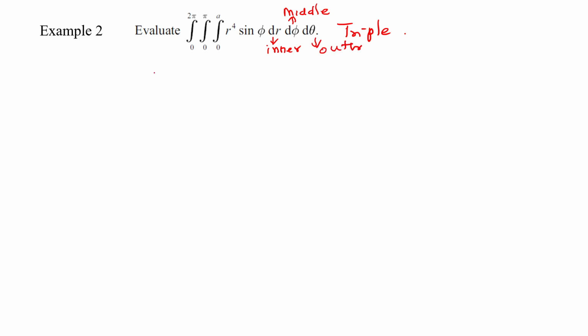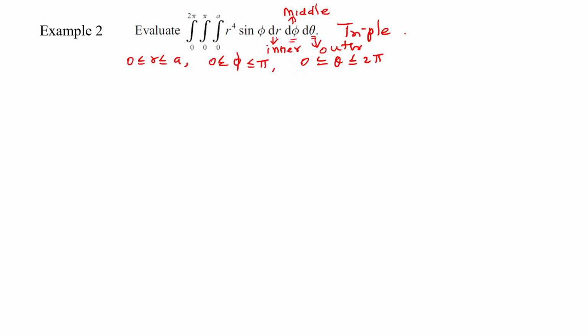From this you can write that r lies between 0 to a, 0 less than or equal to r, less than or equal to a. The middle variable phi lies between 0 to pi, and then theta varies from 0 to 2 pi.